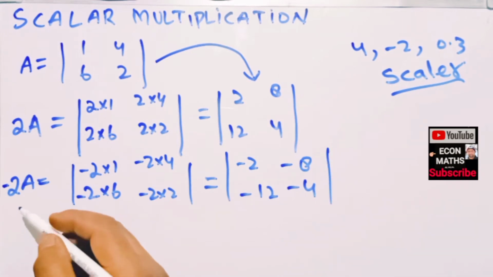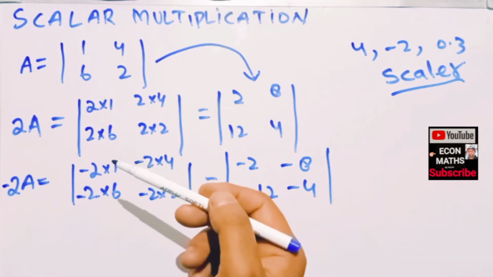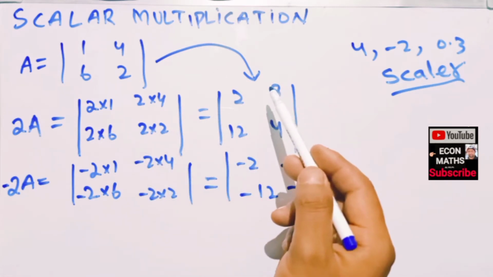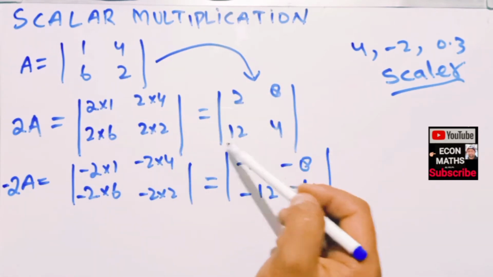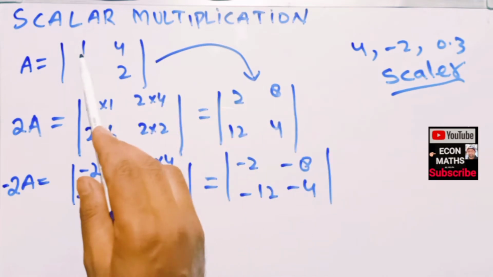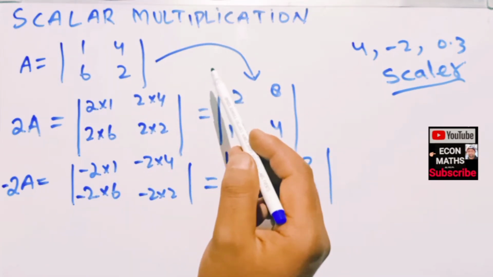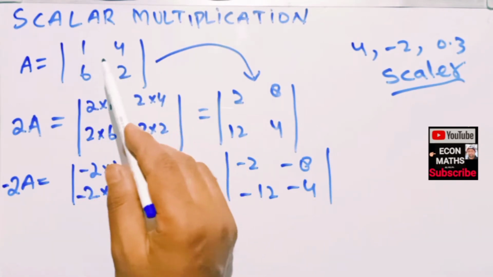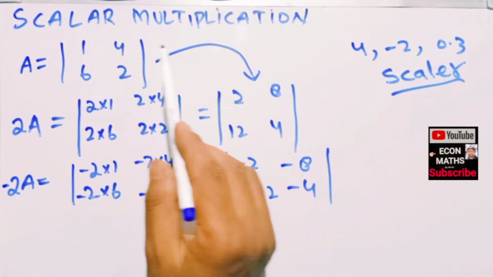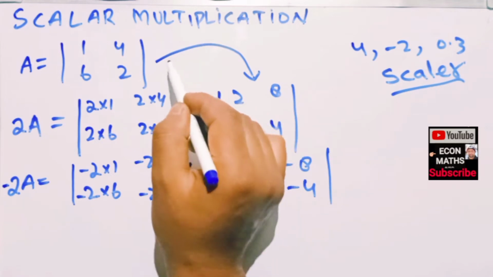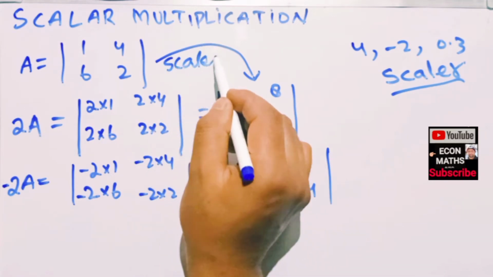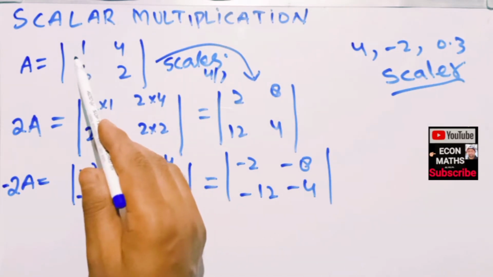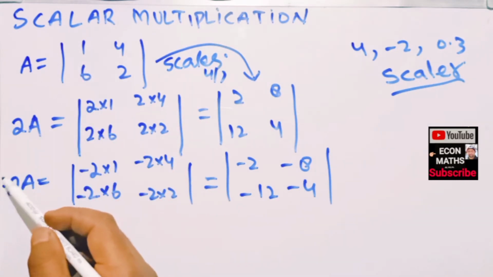So this is called scalar multiplication, because it scales the matrix. Every element has been scaled up. That is, if it is 1 and it increases to 2, similarly 4 increases to 8. So this scales up here.